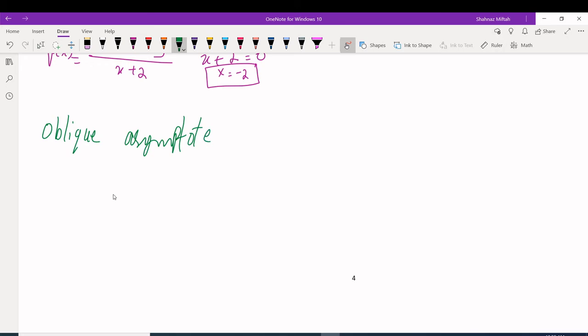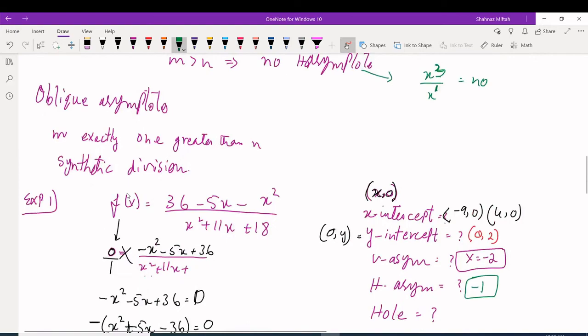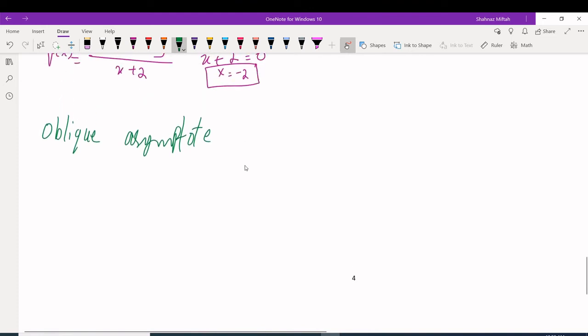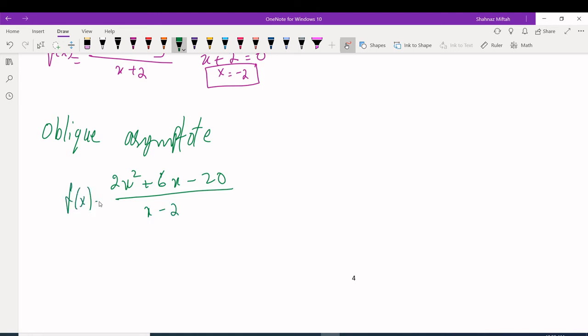In this case, like I said up here in the definition, m is exactly 1 greater than n. What is that supposed to mean? It means, if I have a function 2x squared plus 6x minus 20 over x minus 2, and that's my f of x function.